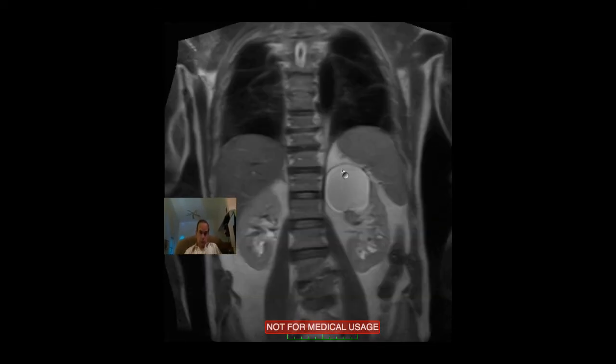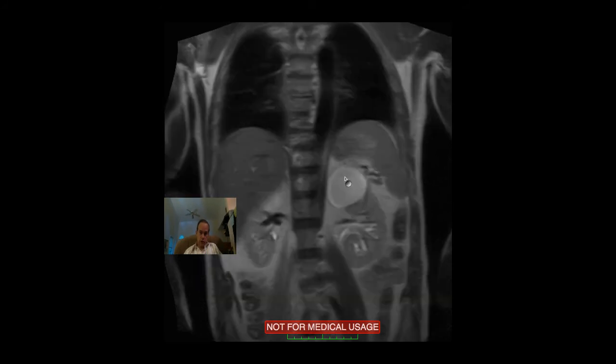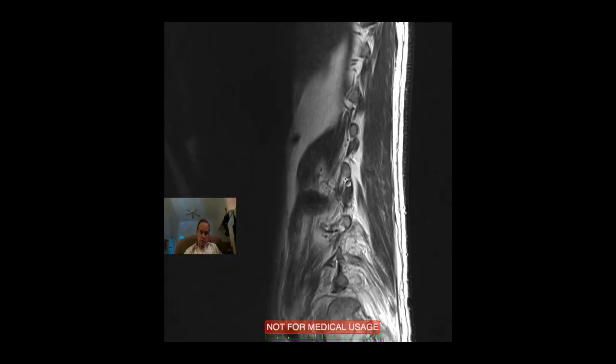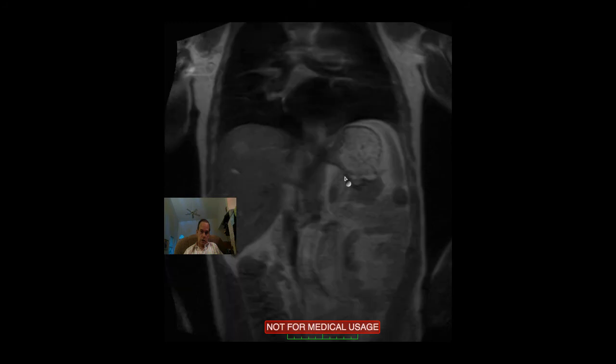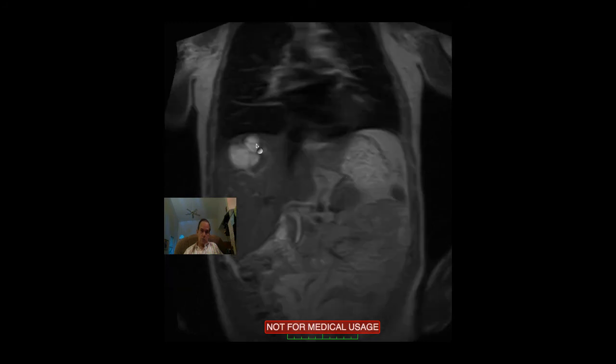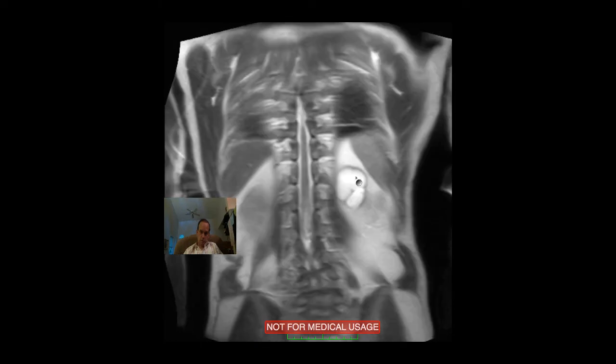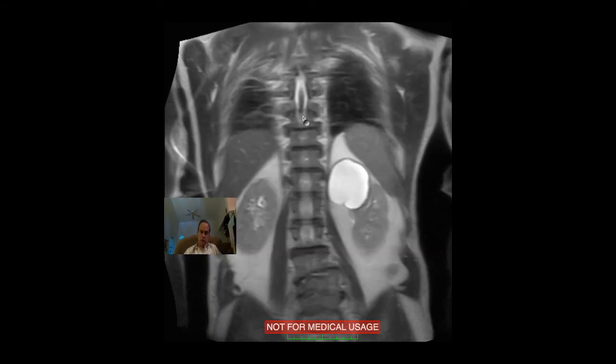Here's a coronal image. Shows an incidental large cyst of the left kidney and an incidental cyst also of the liver with some septations. And here you can see the spinal cord coursing in the spinal canal in the thoracic spine.